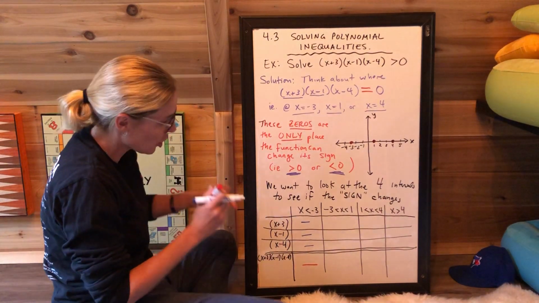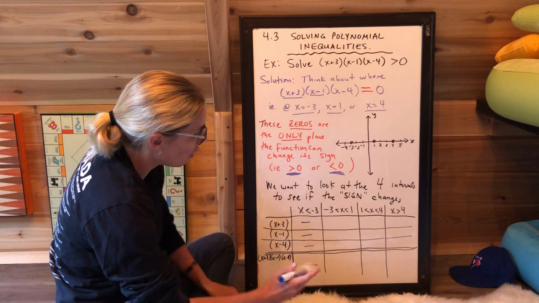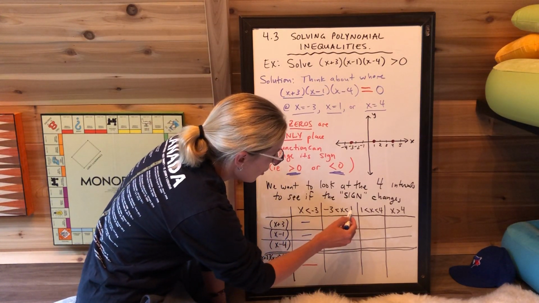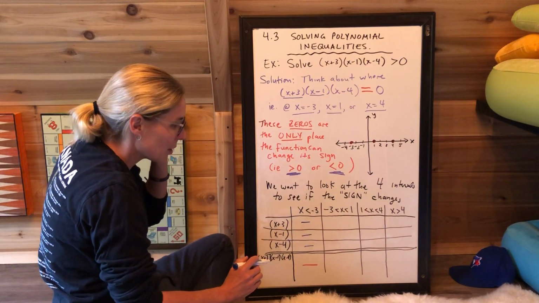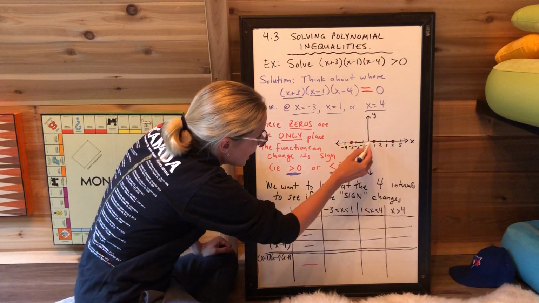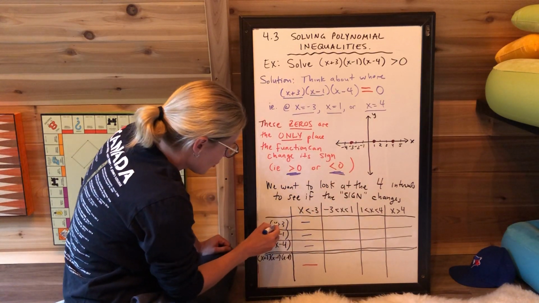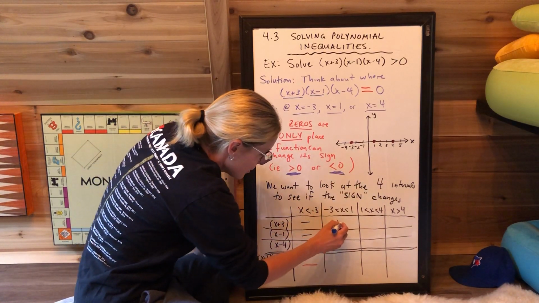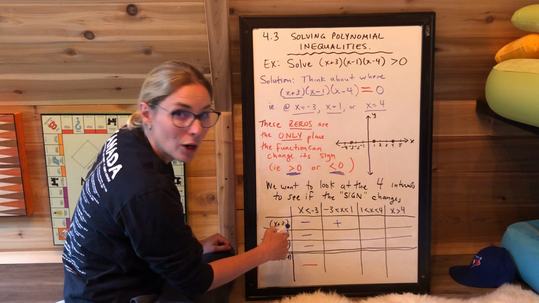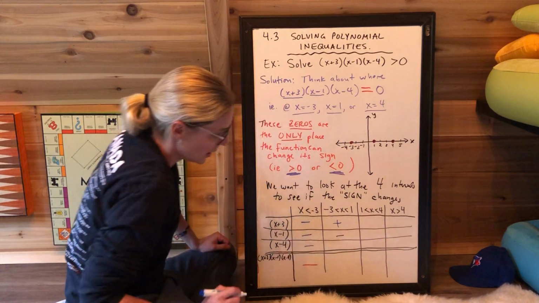Okay, and so for these charts, you're just going to do that for each column. Pick a value between negative 3 and positive 1. So I pick something like 0. Okay, 0 is a value between negative 3 and positive 1. I put 0 in here. 0 plus 3 is 3. It's a positive number. I put 0 in here. 0 minus 1 is negative 1, a negative value.